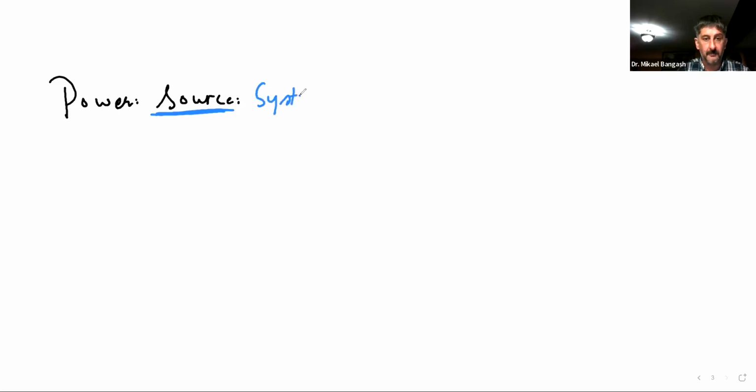Girls, please pay close attention, because power is going to be determined by the source. Now, what we mean by the source here is not the transducer, that's going to be the ultrasound system.